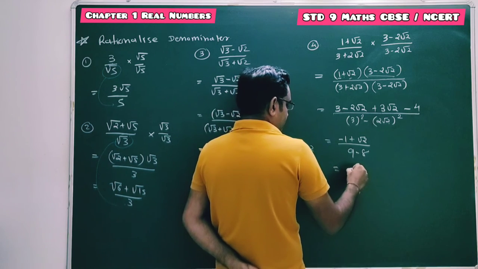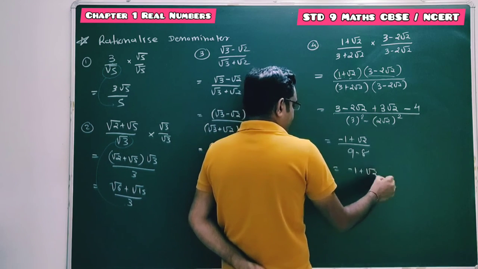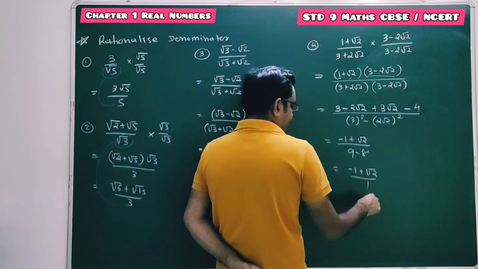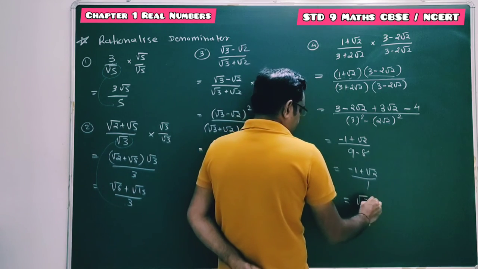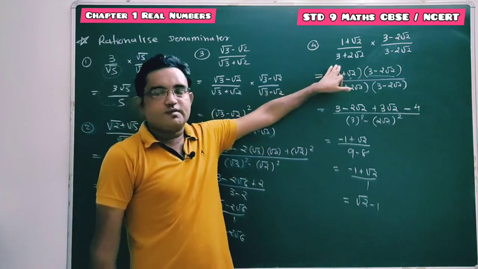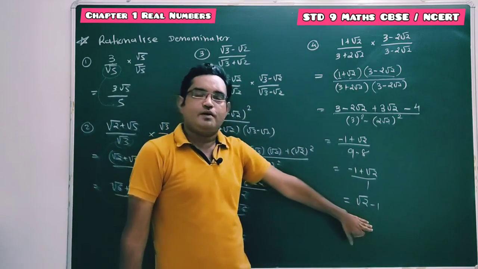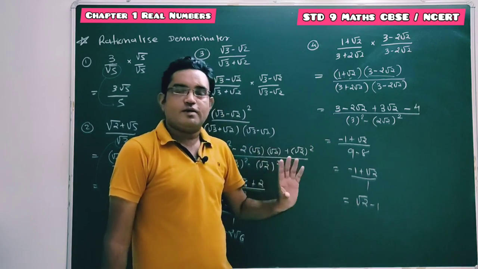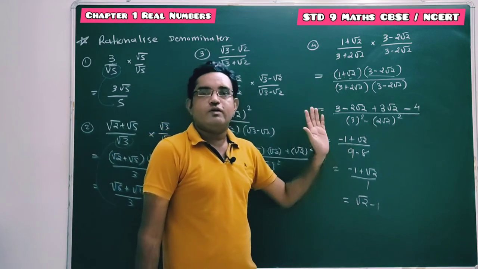So this is equal to minus 1 plus root 2 whole divided by 1. So this is nothing but root 2 minus 1. Clear students? So again the irrational denominator is converted into a rational denominator. This process is known as rationalization of denominator.